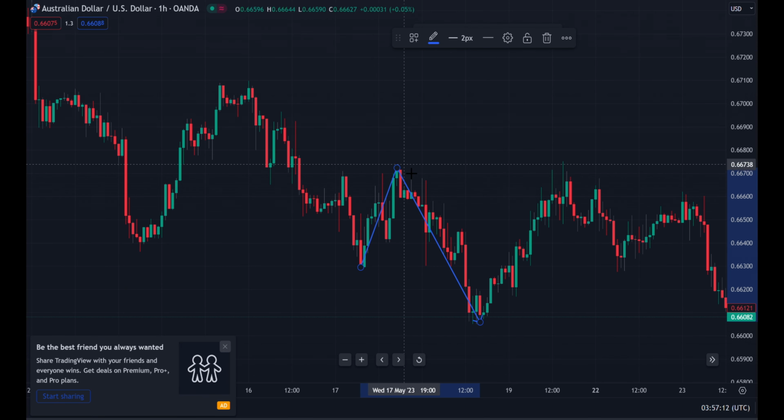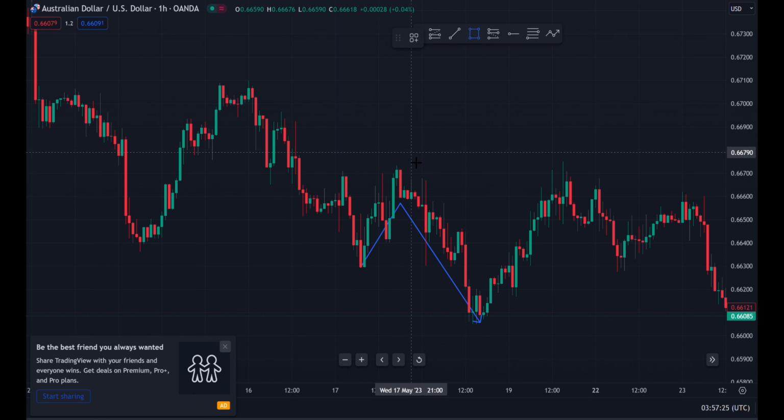Our zone will be up here. Let me just put this a little bit down, and I draw that zone very well. That's going to be our zone.